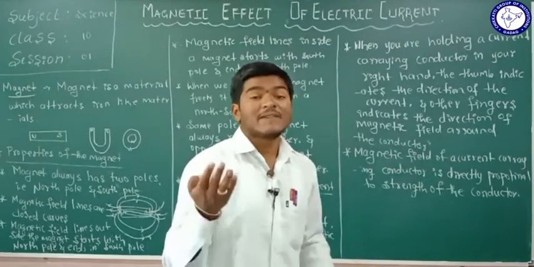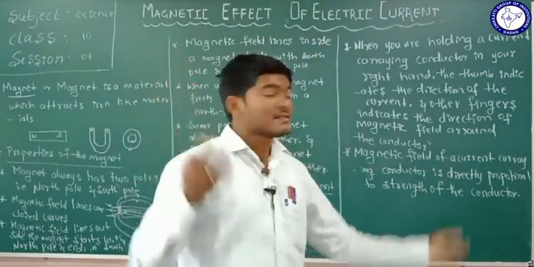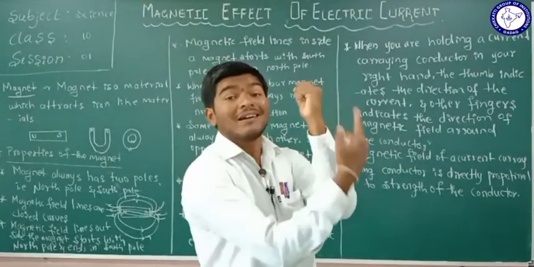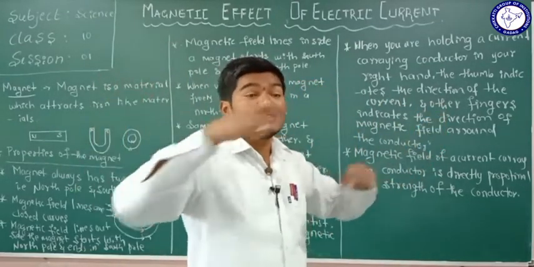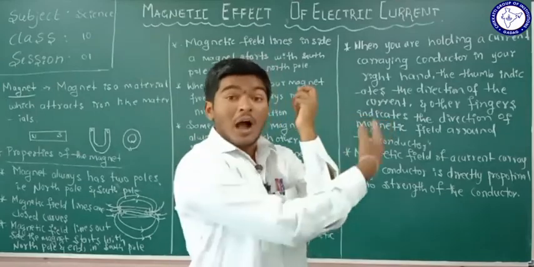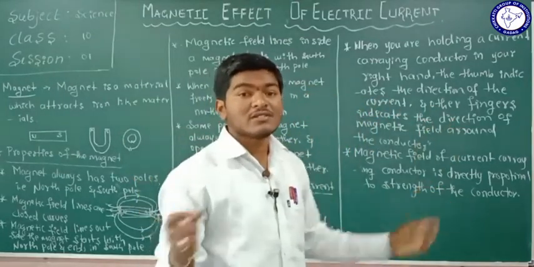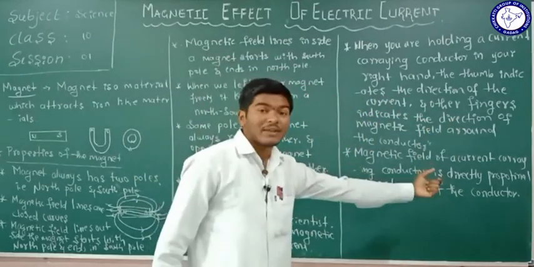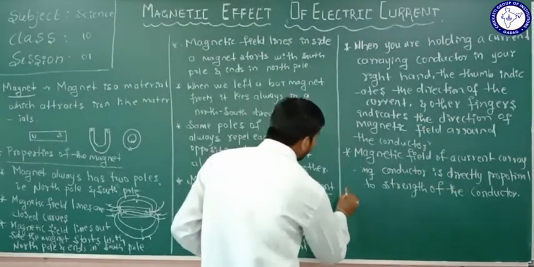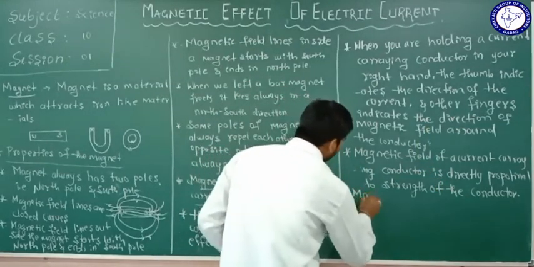It means if the strength increases, then the magnetic field around the conductor also increases. The area of the magnetic field around the conductor also increases due to the increase in the strength of the conductor.